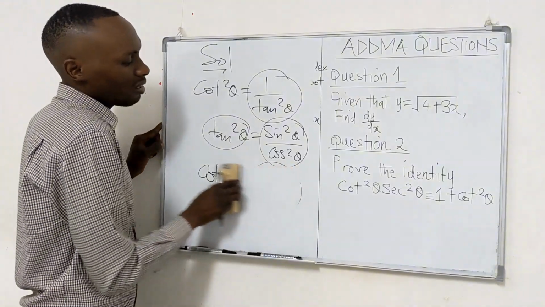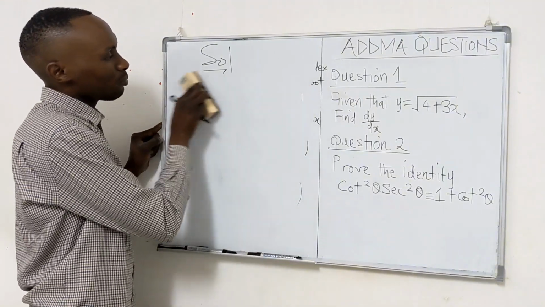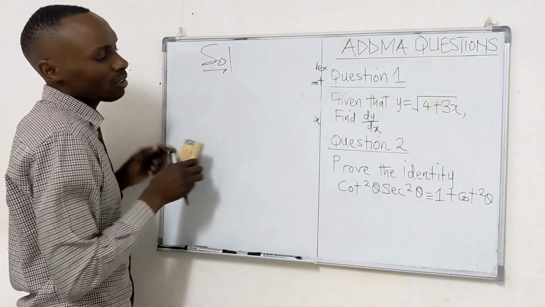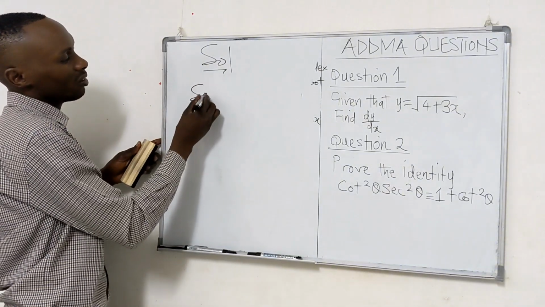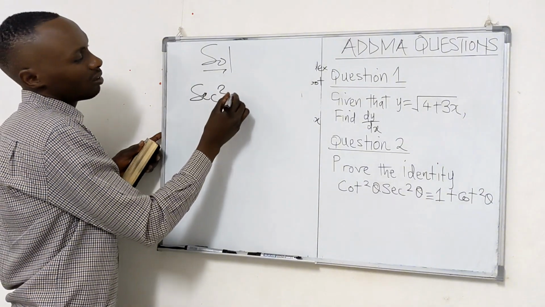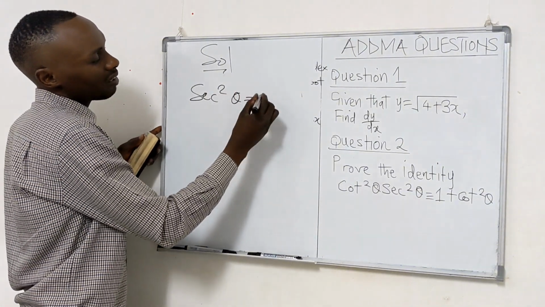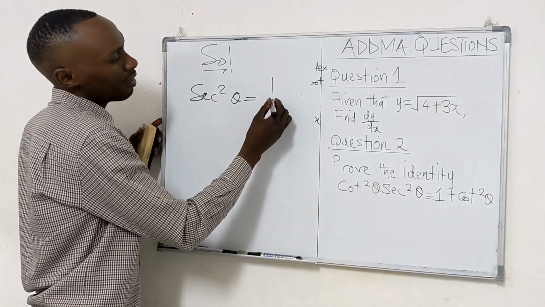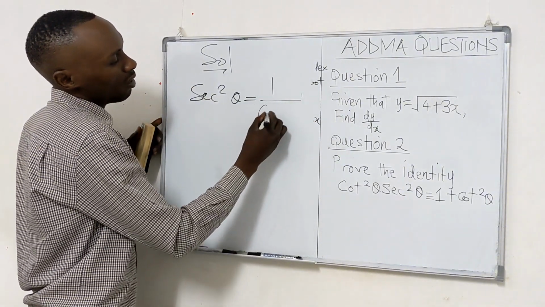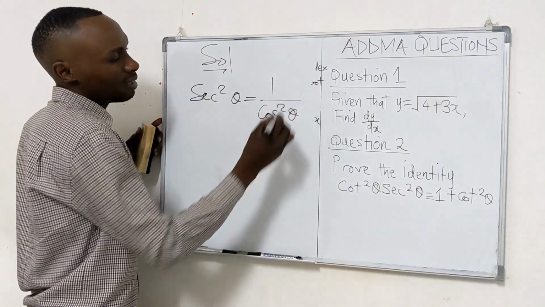Then the other thing that we need to know is sec squared theta. Sec squared theta is the same as 1 over cos squared theta.